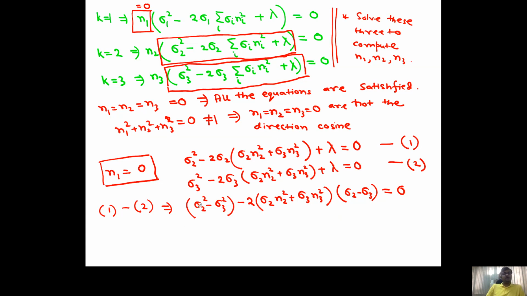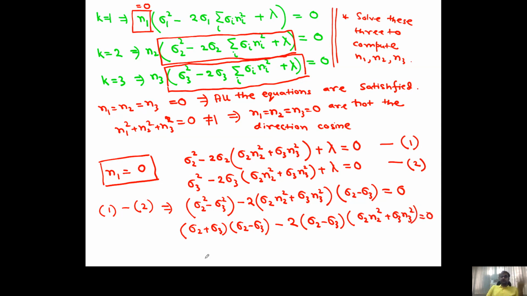So now there is sigma 2 square minus sigma 3 square. A square minus b square. So if you use the formula, this will become a plus b and a minus b. And then for the second part, I am writing the sigma 2 minus sigma 3 before the other component plus sigma 3 n3 square, and this is equal to 0.